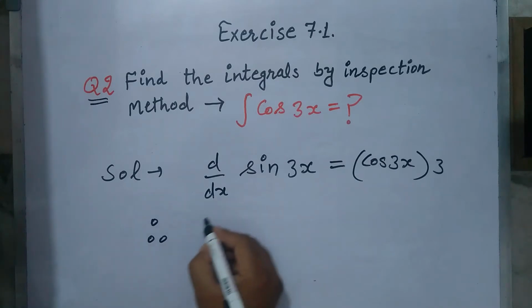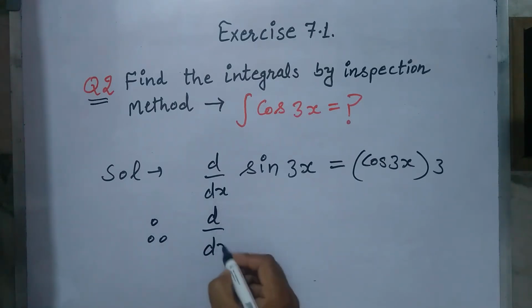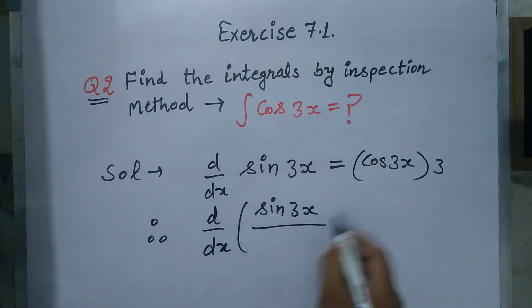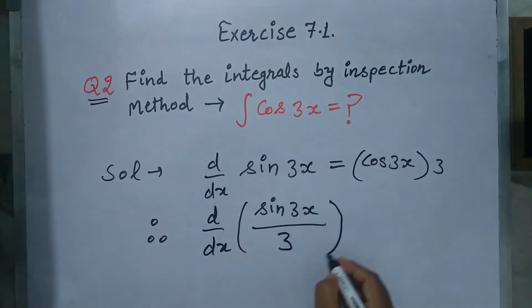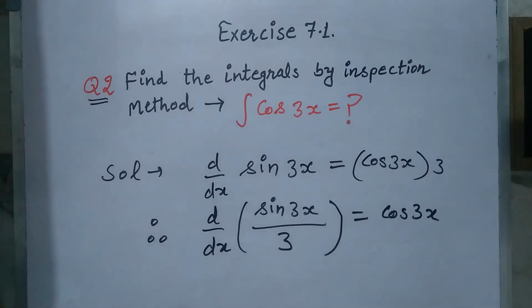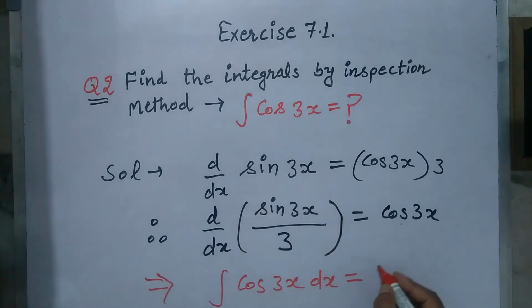Therefore, we can see derivative of sine of 3x dividing this 3 here is equal to cos of 3x. So this way, what we can say, right hand side is cos 3x. So taking integration sign, cos of 3x dx is equal to this left hand side, sine of 3x upon 3 plus c, the constant of integration.